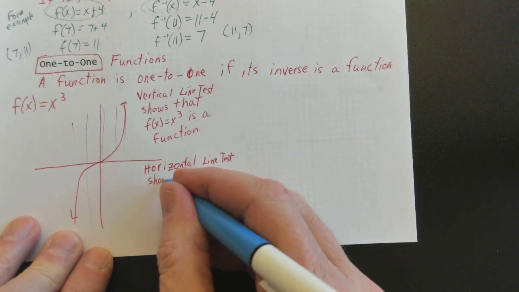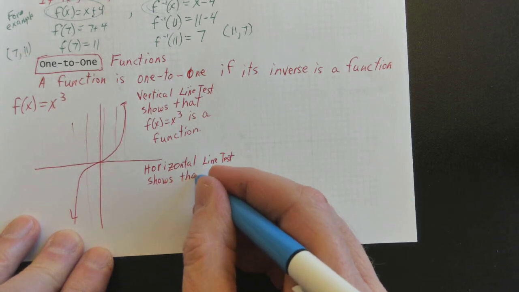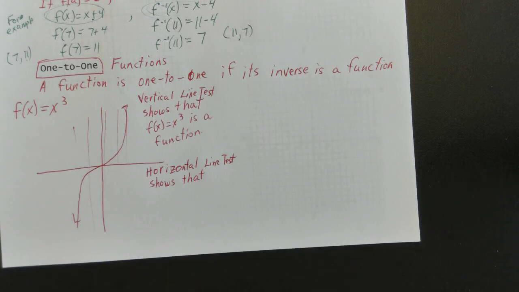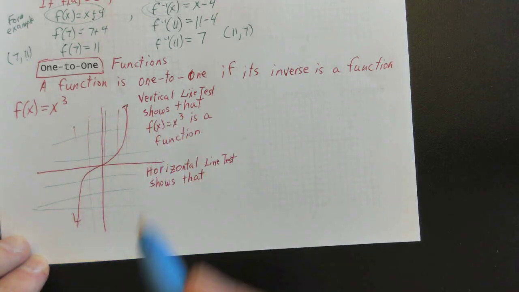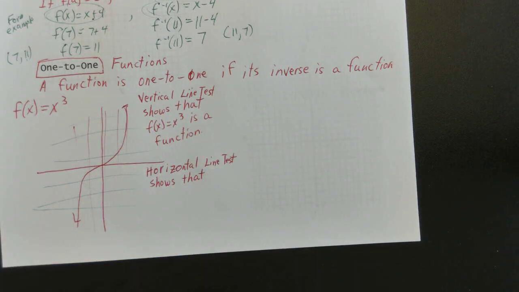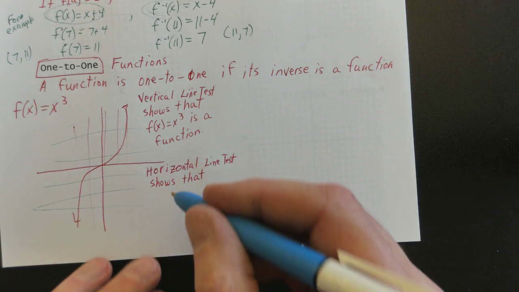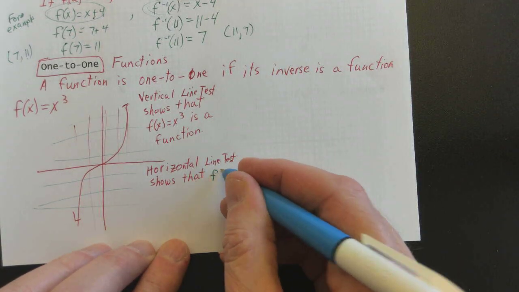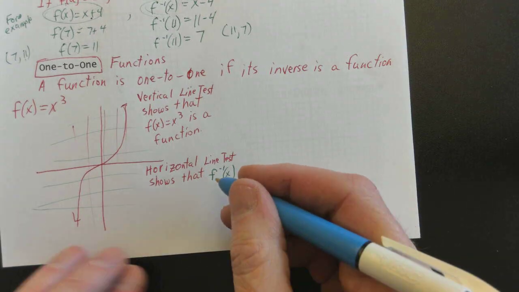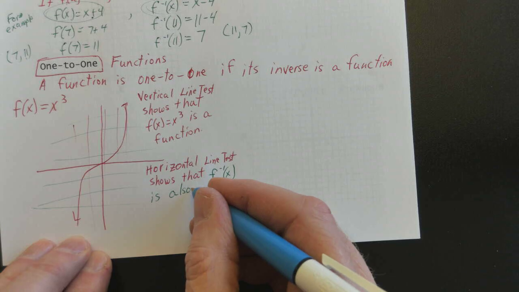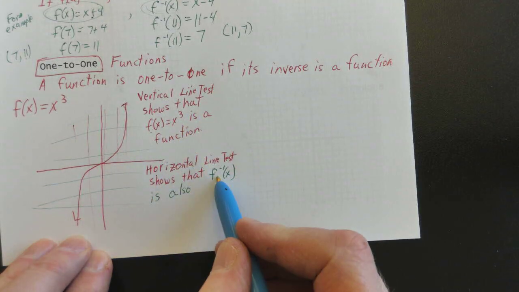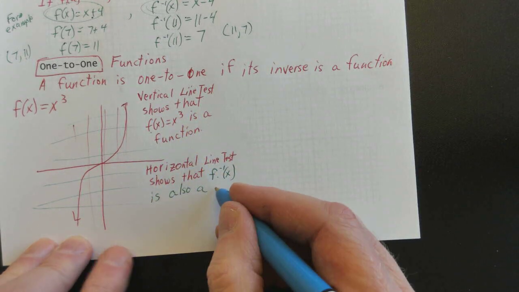First of all, let's do the horizontal line test. Let me do that in green. Does it pass the horizontal line test? Okay, it does. That shows that the inverse function of x is also a function. So not only is f of x a function, its inverse is a function.